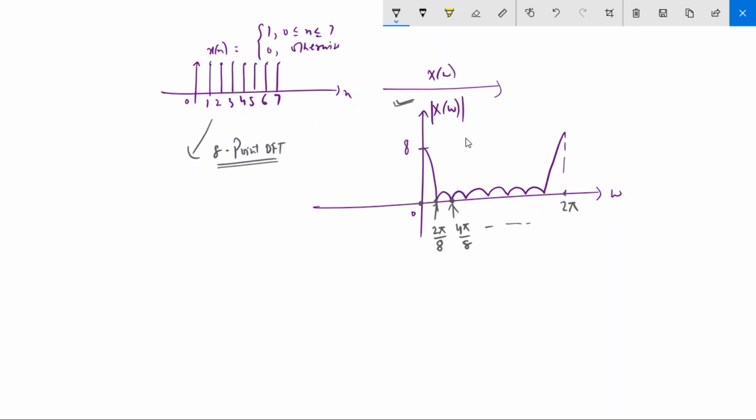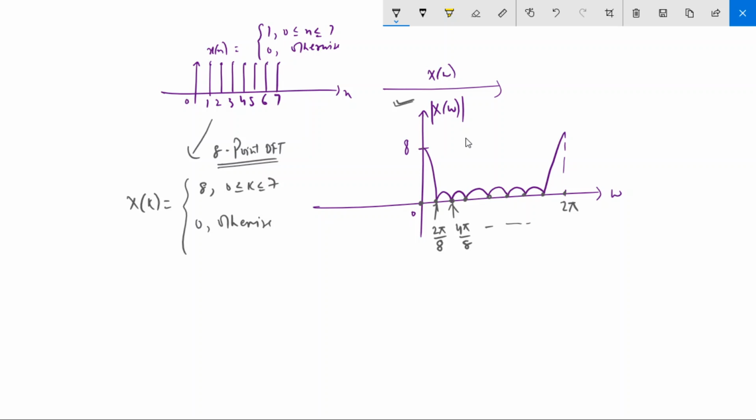Then 4 pi by 8, it is again 0. Then next is 6 pi by 8, again 0. So all the samples will become 0 except the first sample, at omega equal to 0. It means the DFT X[k] is equal to 8, for k between 0 to 7, otherwise it is 0.